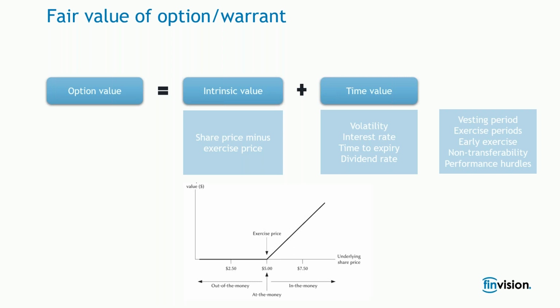The risk-free interest rate, or discount rate, has an impact, but not a significant one. The expected term of the option has a significant impact: the longer the term, the higher the value. And the higher the dividend rate, the lower the value, because you will pay dividends and that decreases your share price.